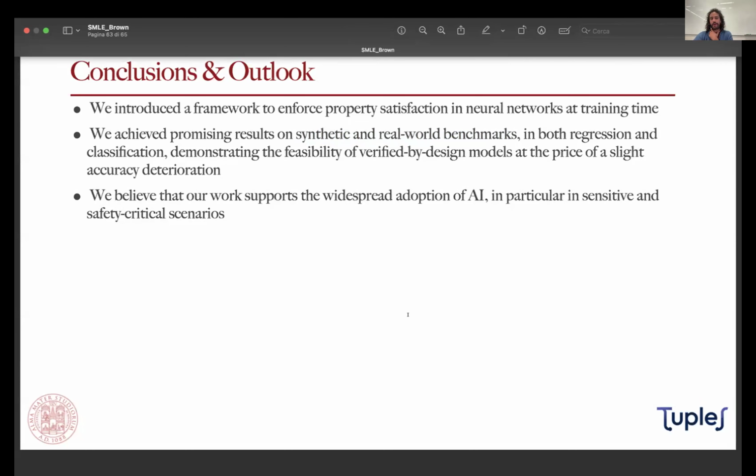And finally, we believe that this work supports, if you want, the adoption of artificial intelligence, in particular in those scenarios which are sensitive or safety critical.